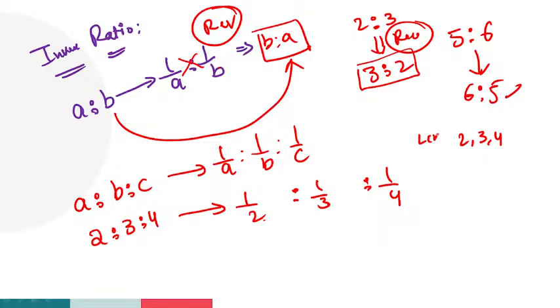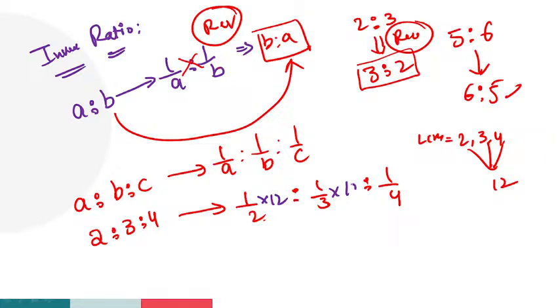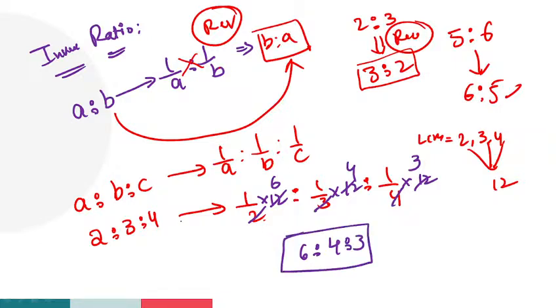So what is the LCM here, guys? LCM of 2, 3, 4 is 12. 12 is a multiple of 2, 3 and 4, that's why the LCM is 12. Now 1 by 2 into 12, 1 by 3 into 12, 1 by 4 into 12. 2 sixes are 12, 3 fours are 12, 4 threes are 12. Finally the answer is 6 is to 4 is to 3. So for 2 is to 3 is to 4, the inverse ratio is 6 is to 4 is to 3.